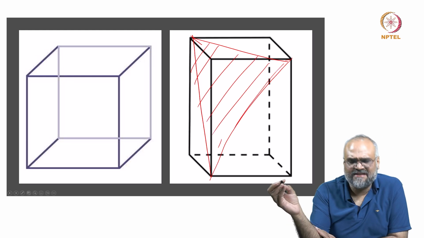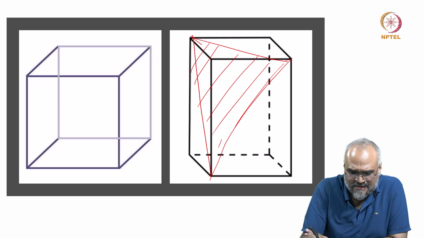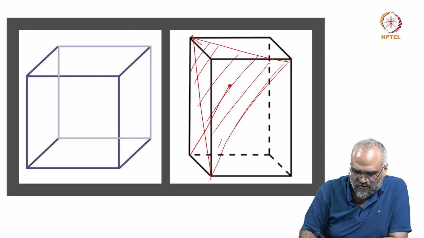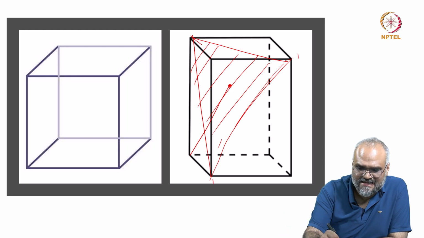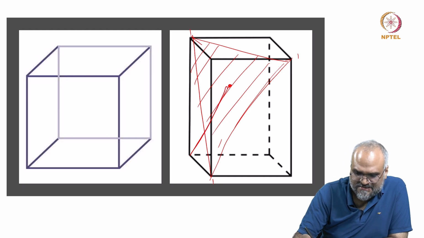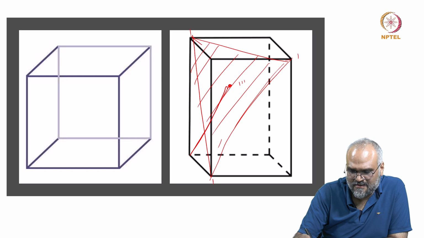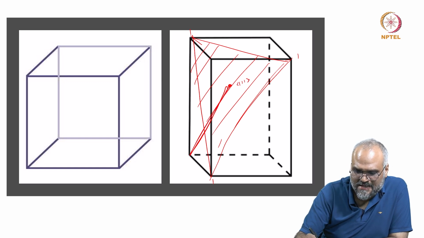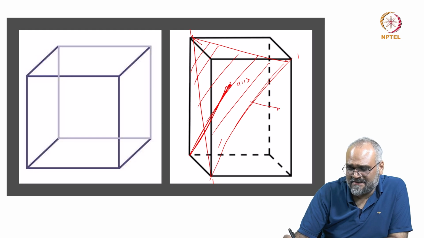if I want to identify the Miller's index for this particular plane, I simply take a plane normal of this and I go through the origin, and I know that this intersects my x, y and z axis at 1, 1 and 1. So, my direction vector here is 1, 1, 1. And therefore, this becomes my plane normal, and my Miller's index for the plane here for this direction becomes 1, 1, 1.